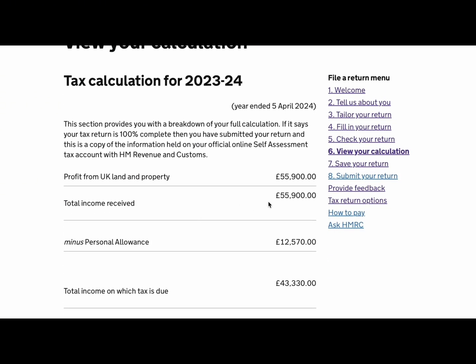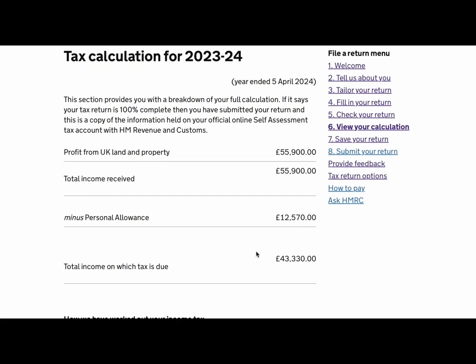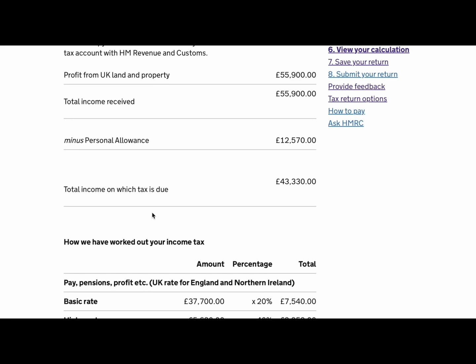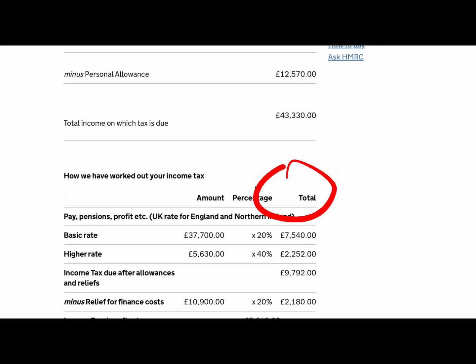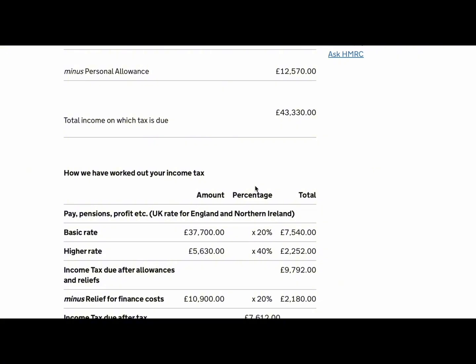Calculation of income tax. Profit from UK land and property £55,900, less personal allowance £12,570. Taxable income on which tax would be calculated: £43,330. Basic rate tax of 20% on £37,700 would be £7,540, while higher rate tax of 40% on £5,630 would be £2,252.